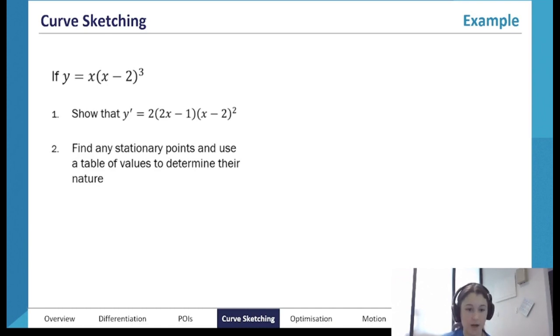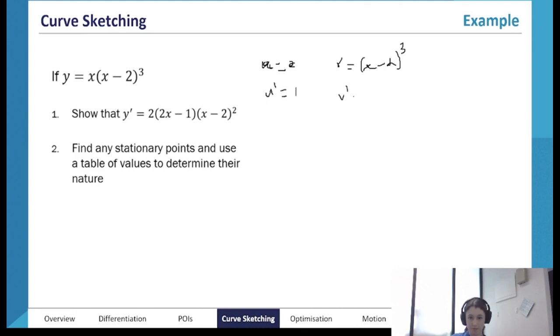So, as I said, we're going to have to use the product rule. So we're going to have u equals x and v equals x take 2 cubed. Our u dash is going to be 1.